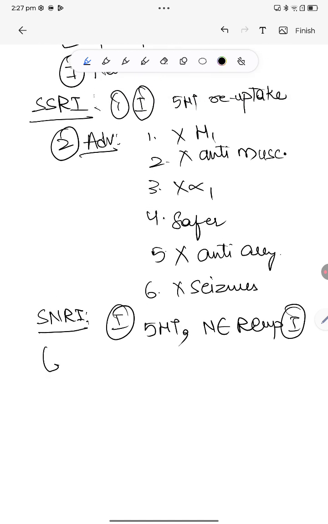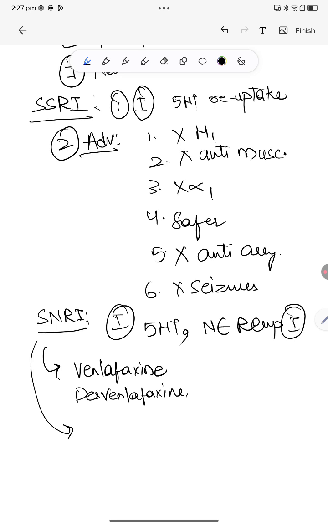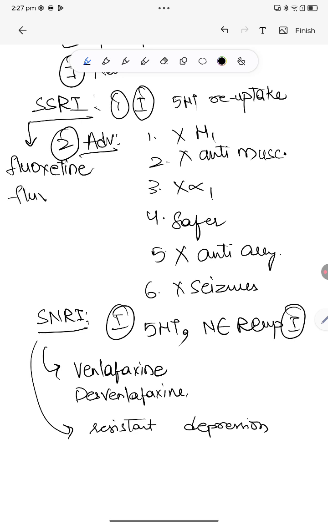These drugs include venlafaxine, desvenlafaxine. These drugs are primarily used in the treatment of resistant depression. Sorry to mention, SSRI drugs include fluoxetine, fluvoxamine, sertraline.